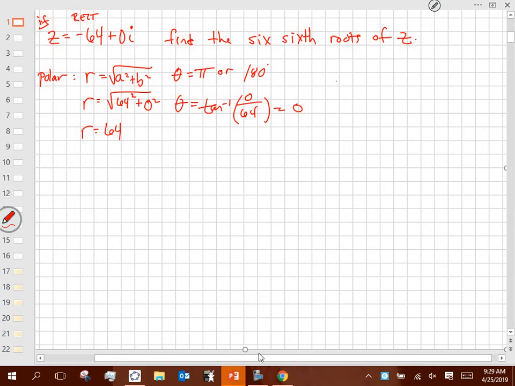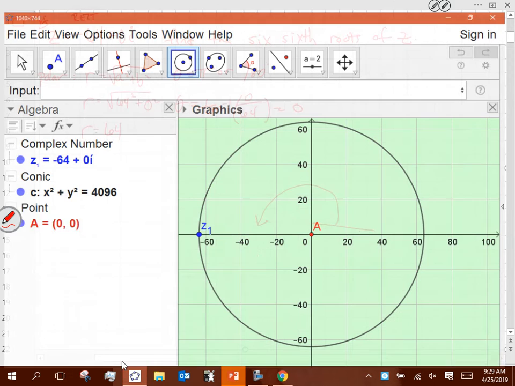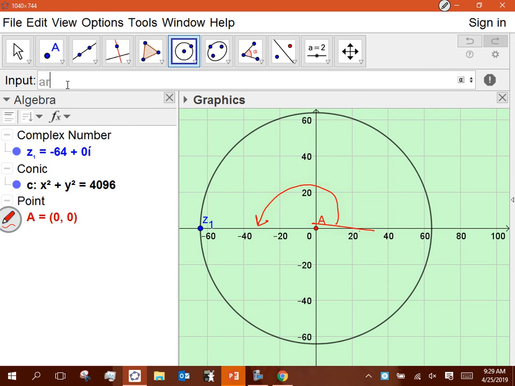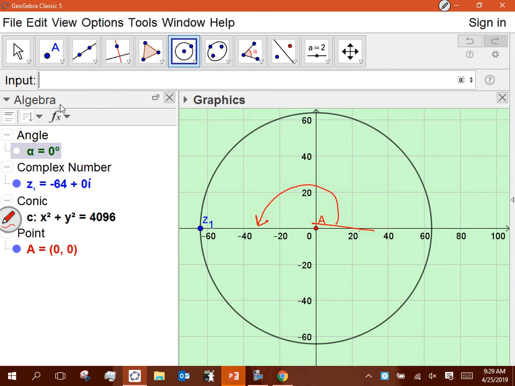And no matter what calculator I use, if I type in the arctangent of 0 over 64, or just 0, it gives me 0 degrees, right? Yet that does not get me to negative 64 plus 0i in the coordinate plane. So we need to realize that it is actually 180 instead.